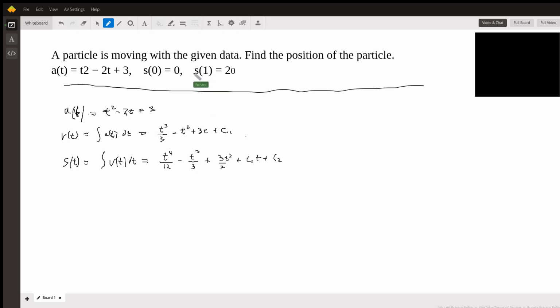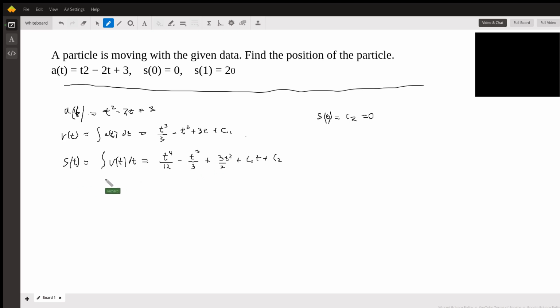So to evaluate the constants, we're going to use what we've been given about S of 0. So S of 0, we just plug 0 into this thing. That's going to be equal to C2, because when t is 0, everything goes away except for C2, and we're told that that's 0.